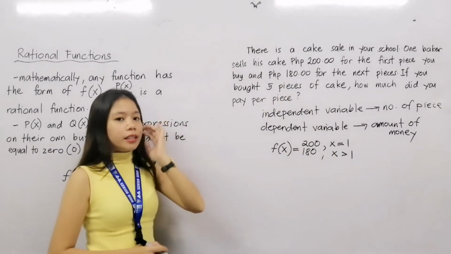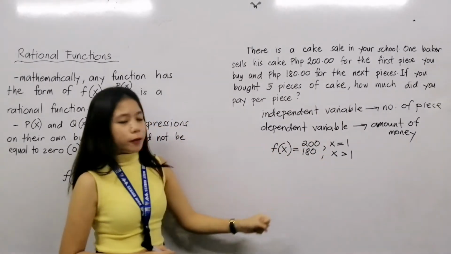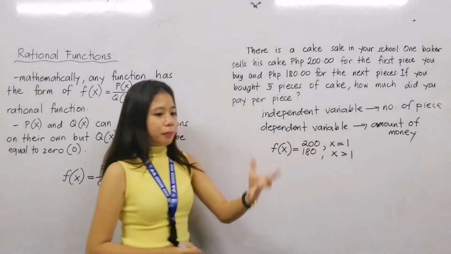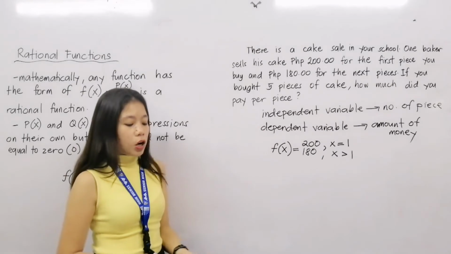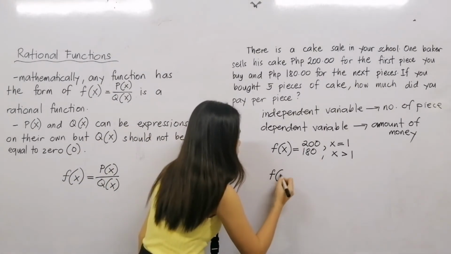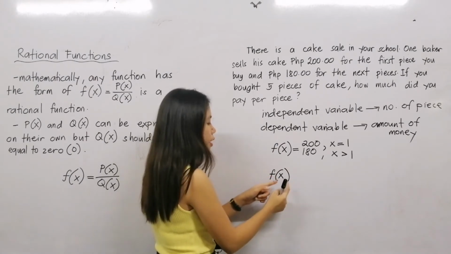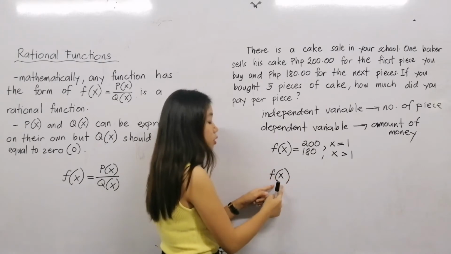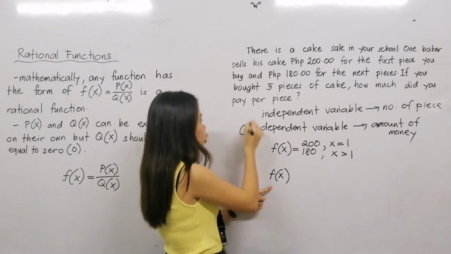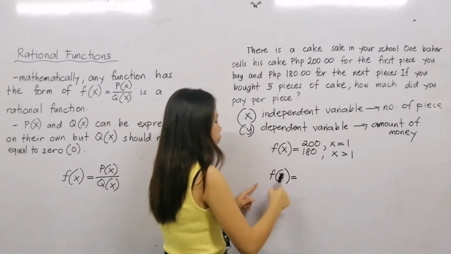Ngayon, class, since we already have the piecewise function, considering this particular condition, makakapag-create na po tayo ng rational model or rational function. Ang hinahanap dyan is yung total. Ito yung range natin or dependent variable. Si f of x po, sabi ko sa inyo, si y din po siya. So, siya po yung dependent variable. Ito po si domain. Ngayon, ito yung hinahanap, yung value.